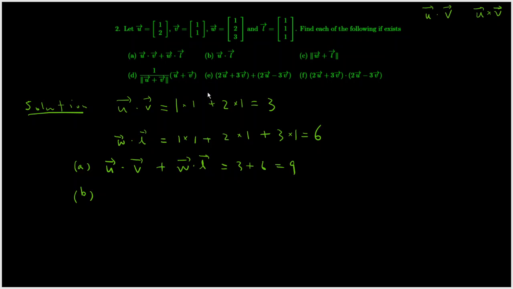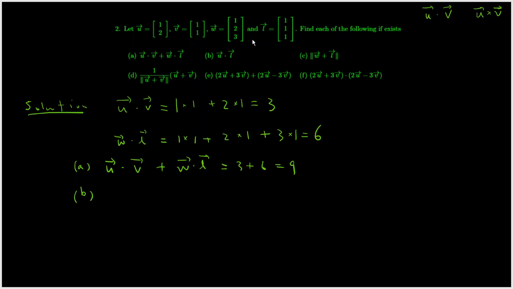In question B, u is a vector in R2, right? You see it has two components, and l is a vector in R3. I mentioned earlier we only define the dot product for the two vectors in the same Rn. So by that we mean, how do you want to answer the question? How do you answer question B, please?